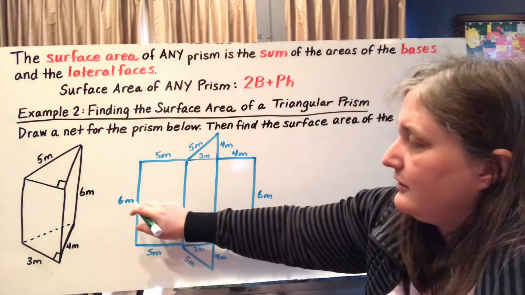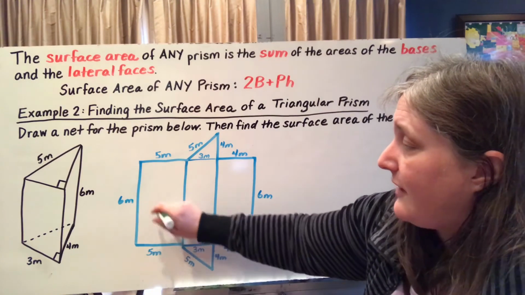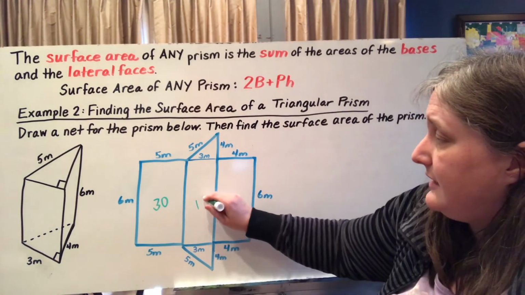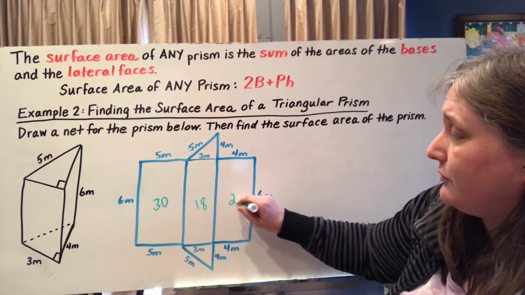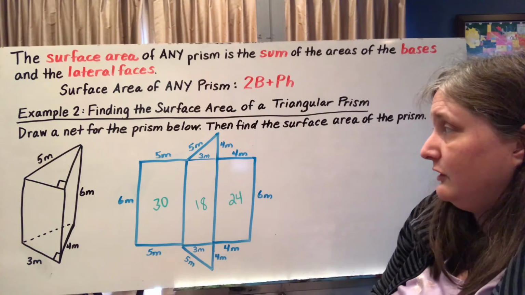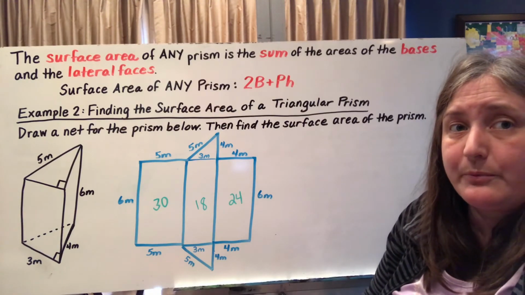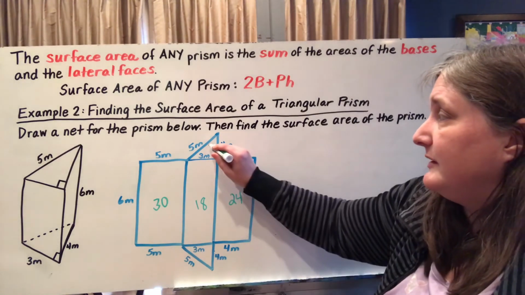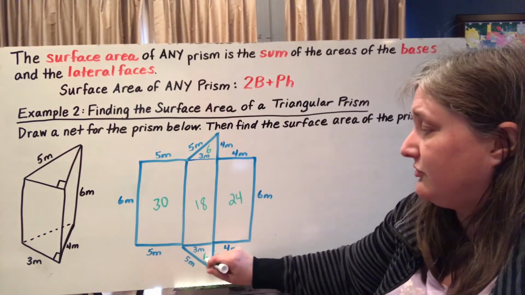So for this rectangle, it's 6 times 5 for 30. This one is 6 times 3, 18. And this one's 6 times 4, 24. Now triangles are base times height divided by 2. And the base and the height form a right angle. So I've got 3 times 4, which is 12, divided by 2 is 6. So my bases are each 6 here.